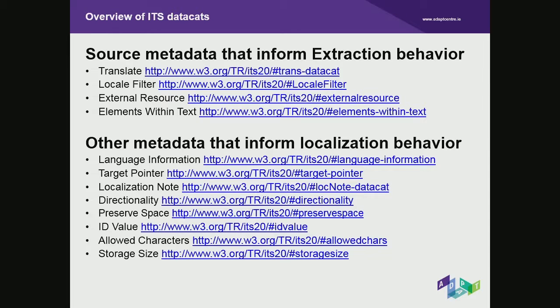But there are data categories that represent the localization behavior. Pretty much they're all straightforward; their name suggests the functionality. But the interesting one here is the target pointer, the second one.